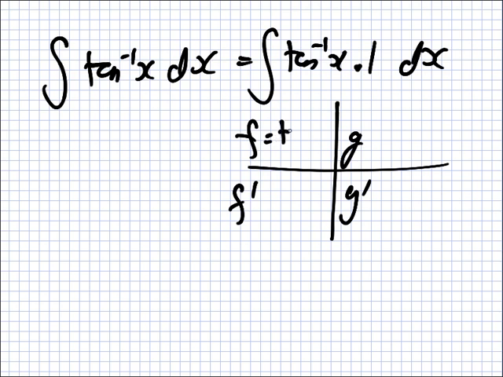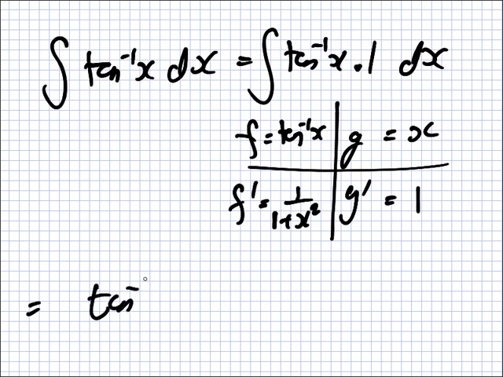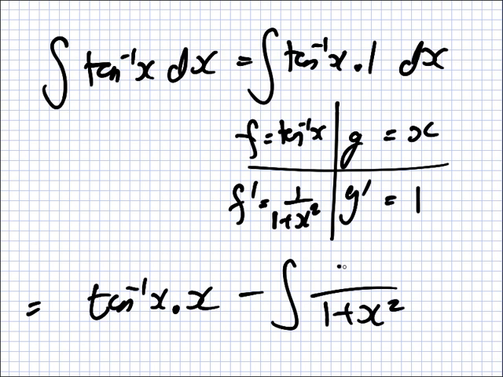F is tan inverse x. And F derivative we did was 1 over 1 plus x squared, or x squared plus 1. G derivative is 1 and G is x. So this equals F G minus integrate F derivative times G.